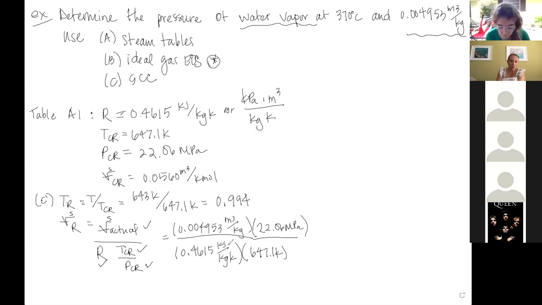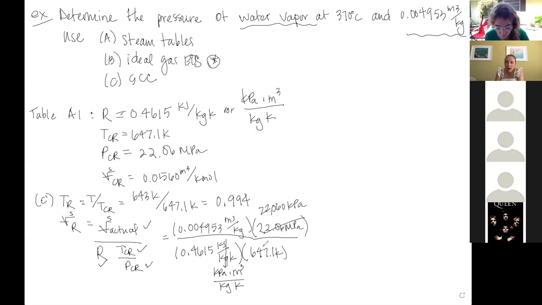We also know that this unit can be, I should have written it the other way, I apologize, kilopascal cubic meter per kilogram Kelvin. And we know that 22.06 megapascal is going to be 22,060 kilopascal. I'm just going to convert that here to make it easier with the units.